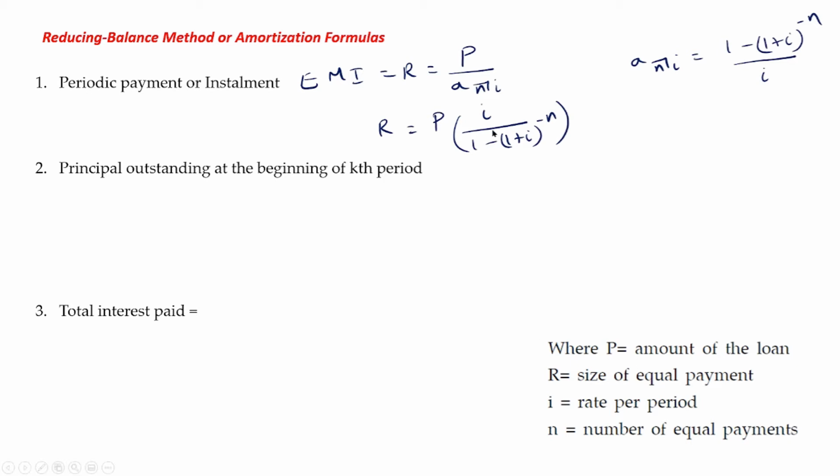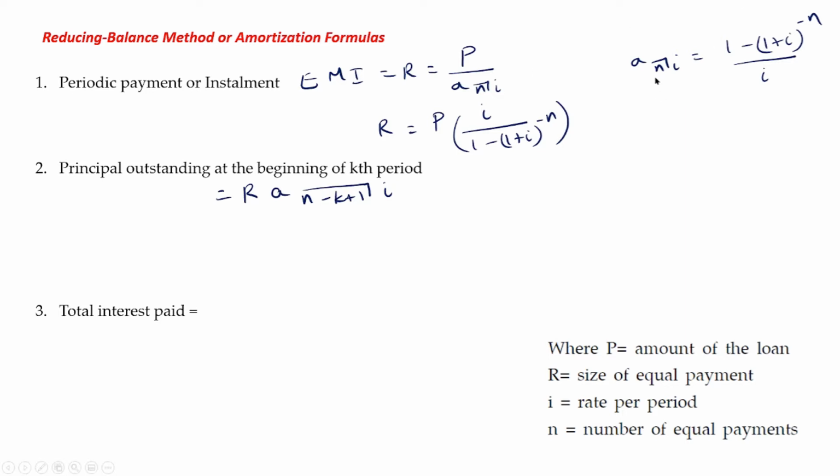Here P is the amount of loan, I is the rate per period, and N is the number of equal payments or the number of installments. And next we have the principal outstanding at the beginning of the kth period. It is given by R into A angle (N minus K plus 1) at I rate per period.